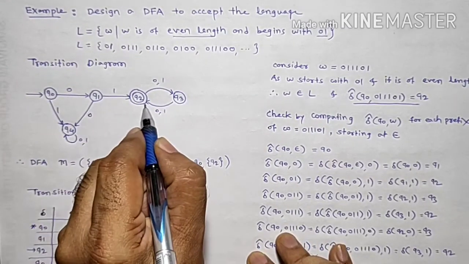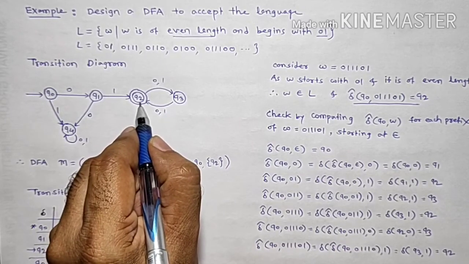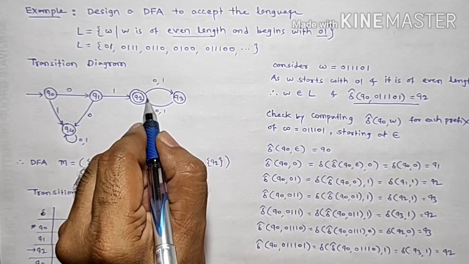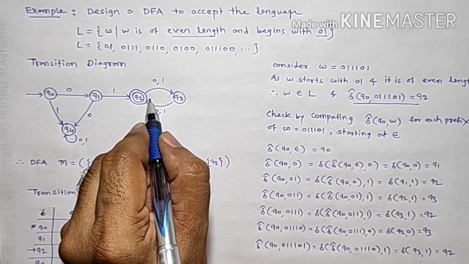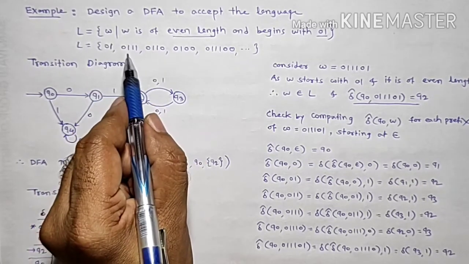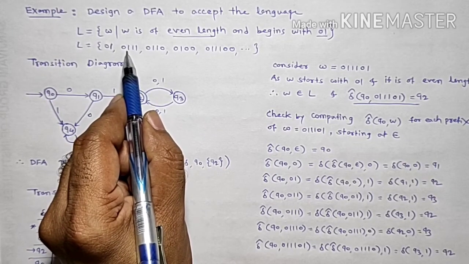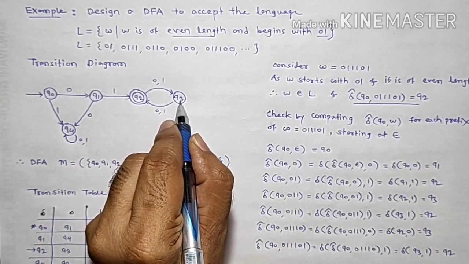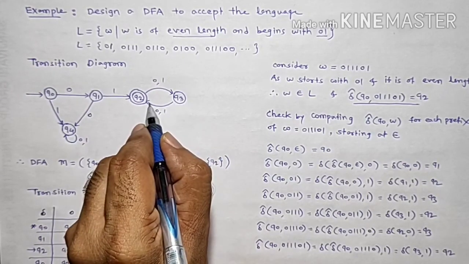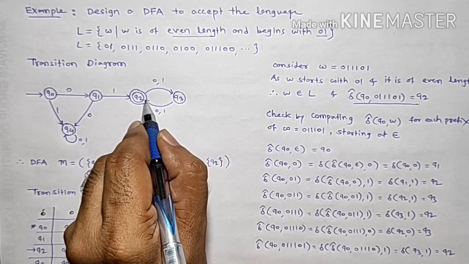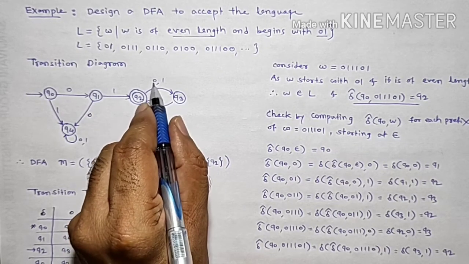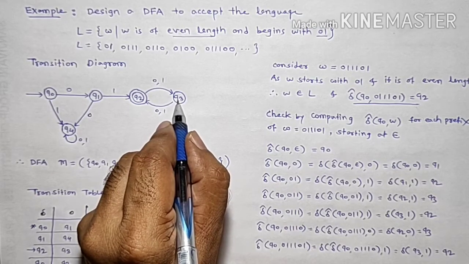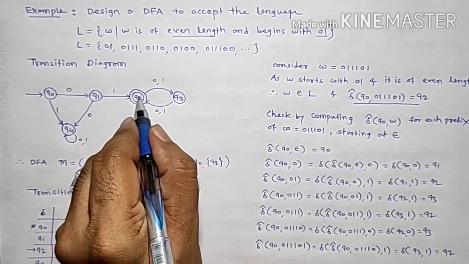Now we can show the transitions from the next state, Q2. Once we reach Q2, we can show the next transitions for accepting strings with length 4, length 6, length 8 and so on. We need to add one more state, Q3. We show the transition from Q2 on 0 and 1 to Q3, and from Q3 again on 0 and 1 goes back to Q2.